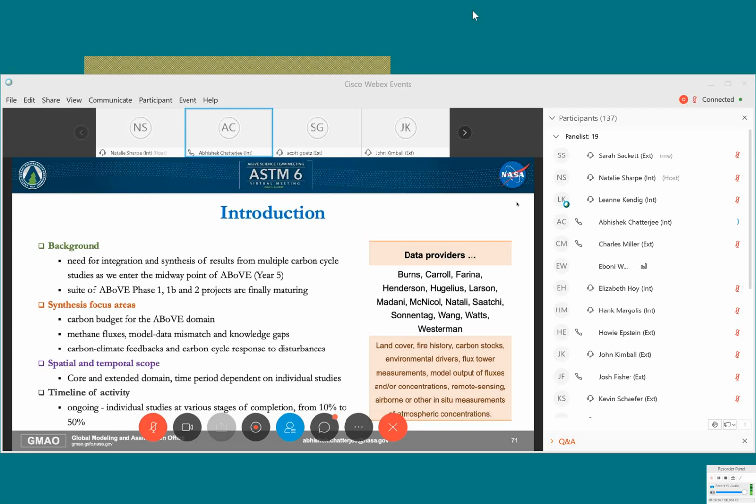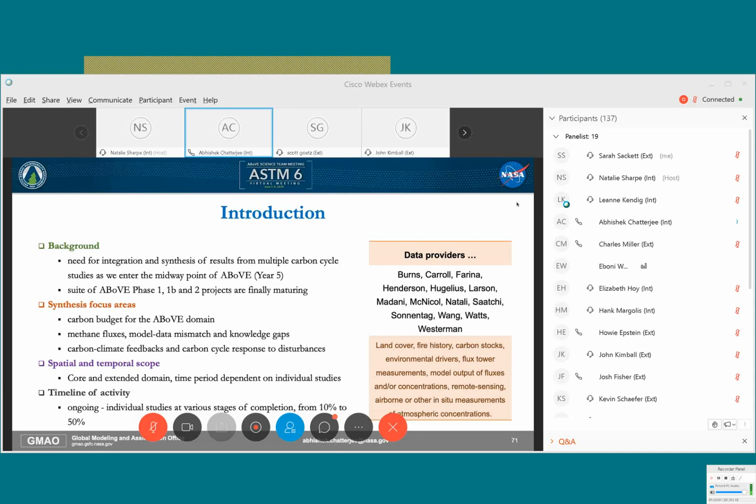So one focused on looking at the carbon budget for the above domain. A second one primarily focused on looking at methane fluxes and model-data mismatch, and trying to identify what the current knowledge gaps are and what kind of challenges we have. And a third one on looking at carbon-climate feedbacks and how the carbon cycle responds to disturbances.